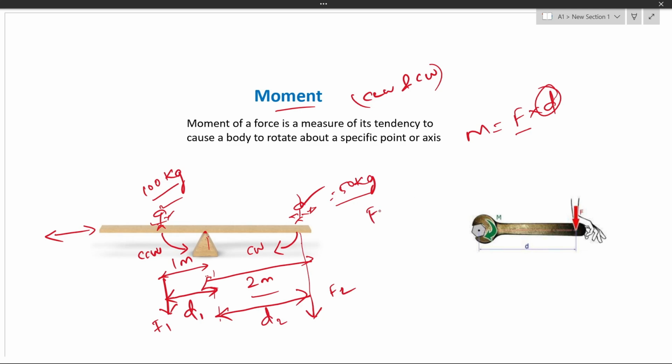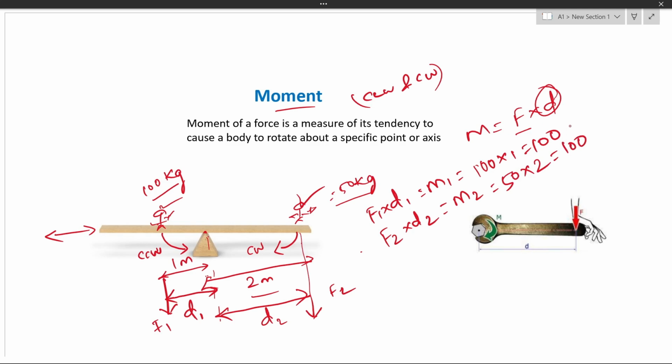If you calculate F1 into D1, that is the moment of body 1, it would be 100 into 1, which is 100. Calculate for body 2, F2 into D2, that is the moment of body 2, that is 50 into distance 2, which is also 100. Unit of this is Newton into meter.